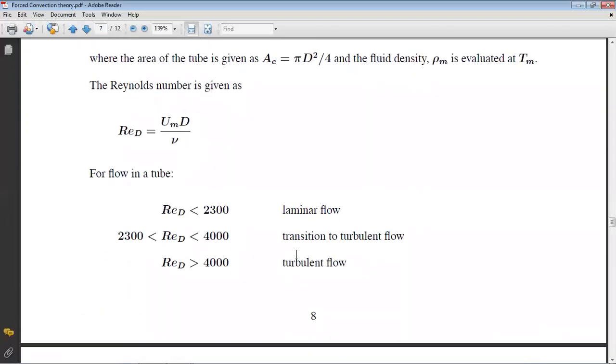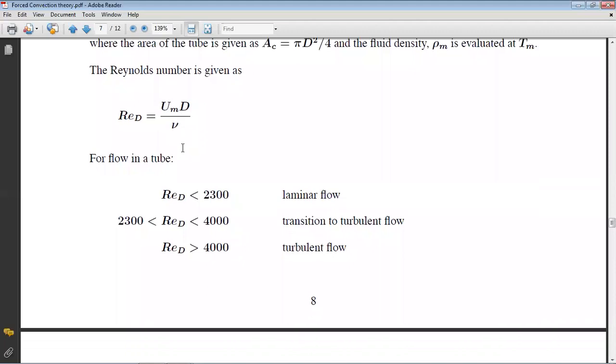The Reynolds number is nothing but u d upon nu, or rho v d upon mu. In this case, this is kinematic viscosity. If I consider kinematic viscosity as mu upon rho, then rho v d upon mu will be there, where mu is the dynamic viscosity.